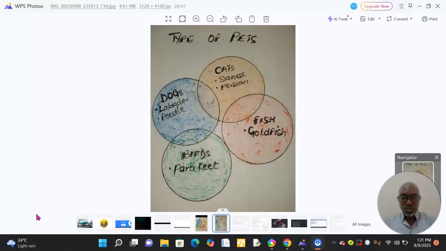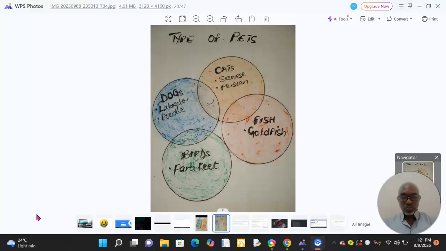Then for except, if we exclude goldfish from the fish dataset, we are left with pets that are fish but not dogs, cats, or birds. Then we now move to inner join. Inner join does not apply here because no pet is common to all four datasets.